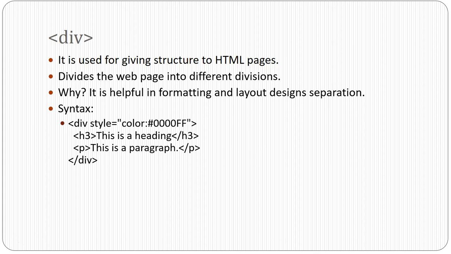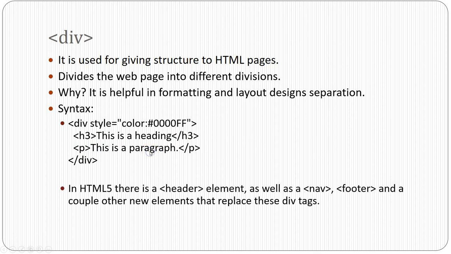The basic syntax is div style color, whatever color you want to give to the foreground. Then h3, for example, this div is composed of an h3 heading and a paragraph.